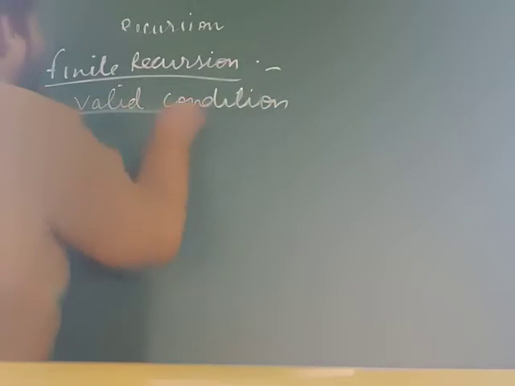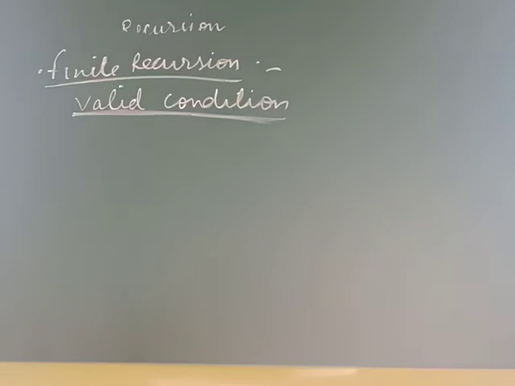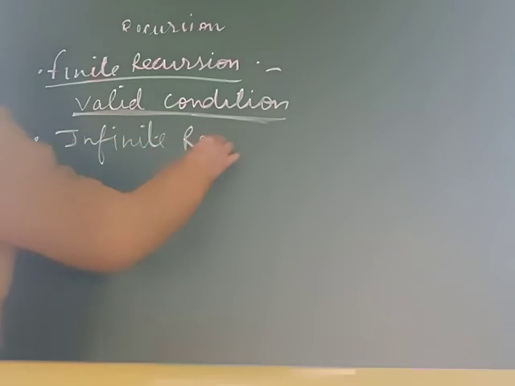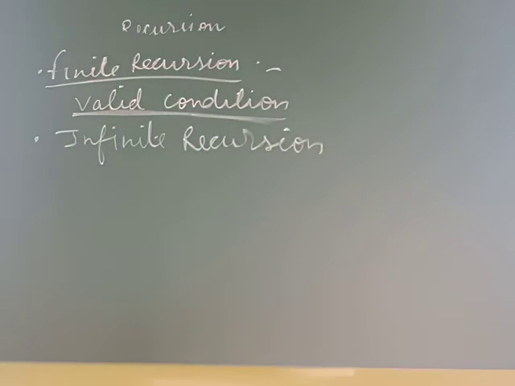That means somewhere the repetition of the function calling will be stopped. Some condition will be provided by which this recursion will be stopped. Next is infinite recursion. In infinite recursion, there is no condition by which we can stop the recursion.